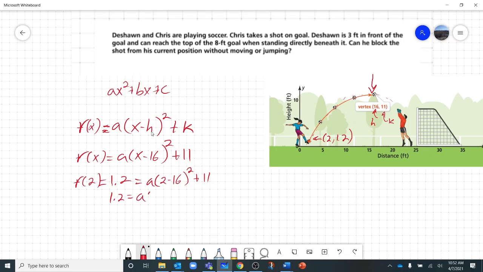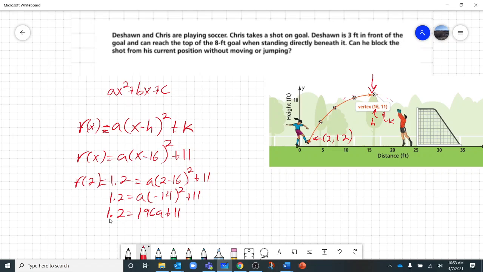1.2 equals a times, 2 minus 16 is negative 14, we're going to square that, plus 11. Negative 14 squared, I believe, is 196. Yes. Okay, so 1.2 equals 196a plus 11.